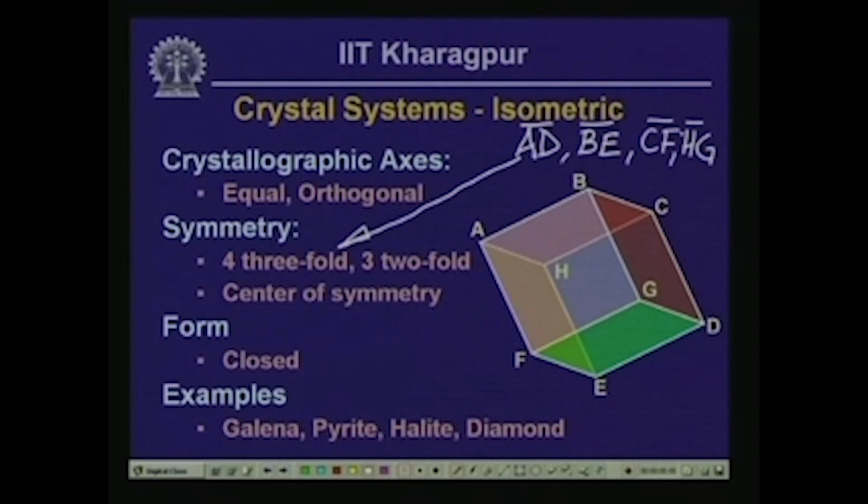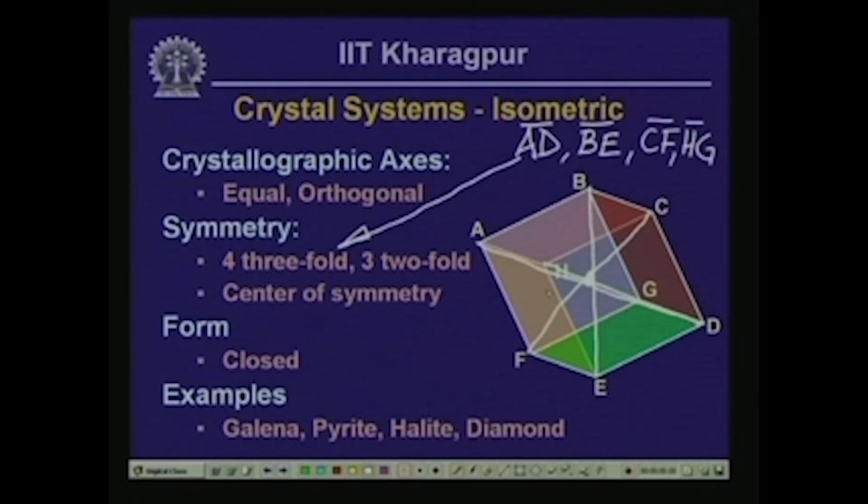So basically we have got one here, one here, and one here, and the fourth one is between H and G. So these are the four solid diagonals that are going to cut at a point within the body of the crystal, and that is going to give you also the center of symmetry.